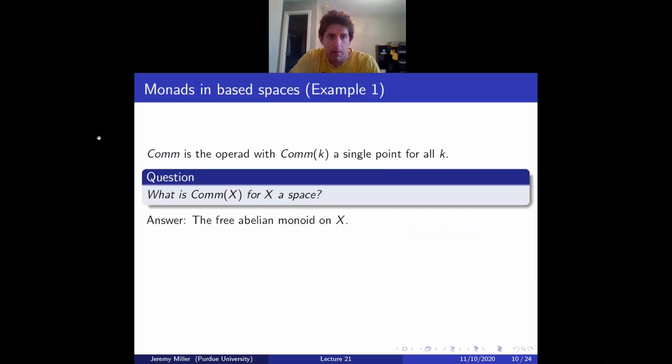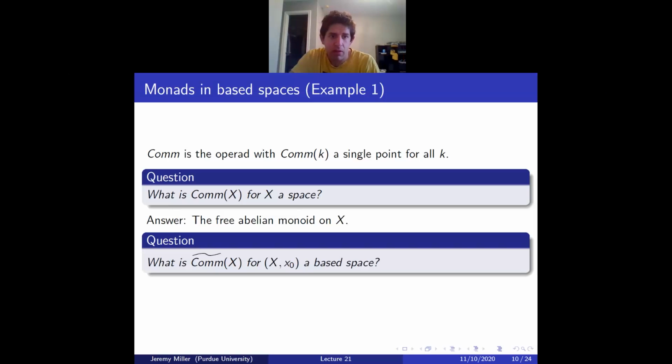Okay. Yeah, so it's the free abelian monoid on X. So what happens if you do this reduced construction? Now X has a base point, and what do you guess the reduced monad on X is going to be?